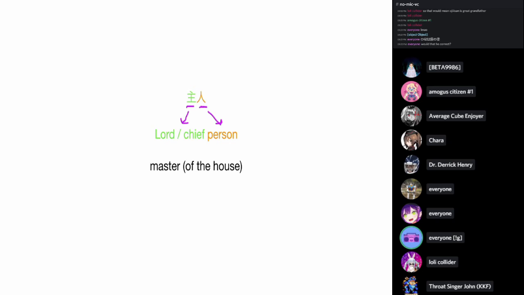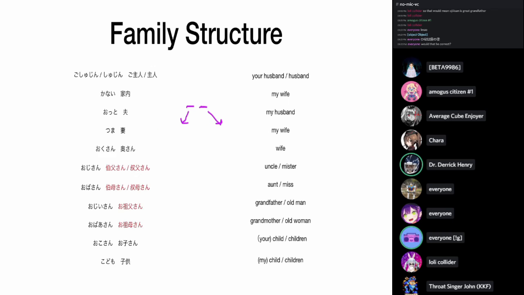Shujin is actually the more proper way to refer to somebody's husband, by saying goshujin. Despite having this, again, slightly regressive connotation, you don't want to use otto because that's a term of affection. So then, going back to this slide, we had tsuma.